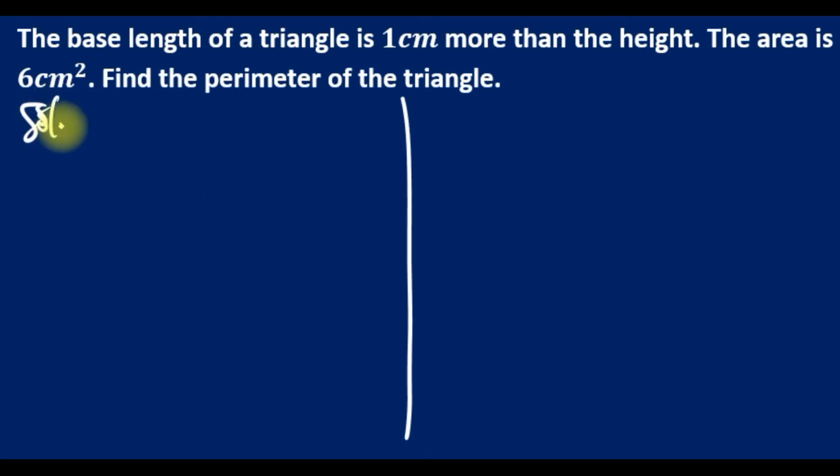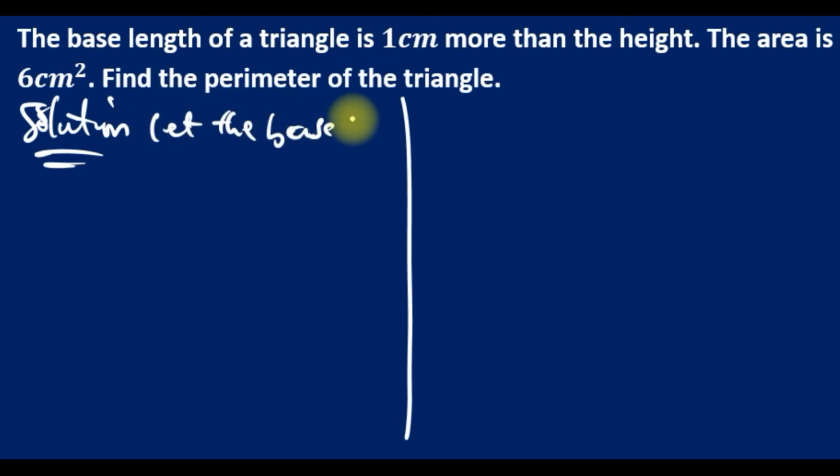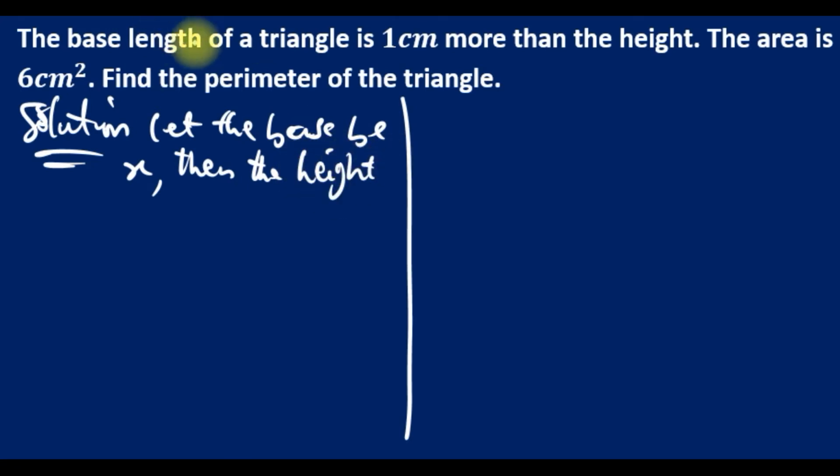Okay, we are given the base. So let the base be x. Then the height, they say the base is 1 cm more than the height, so the height is x minus 1.